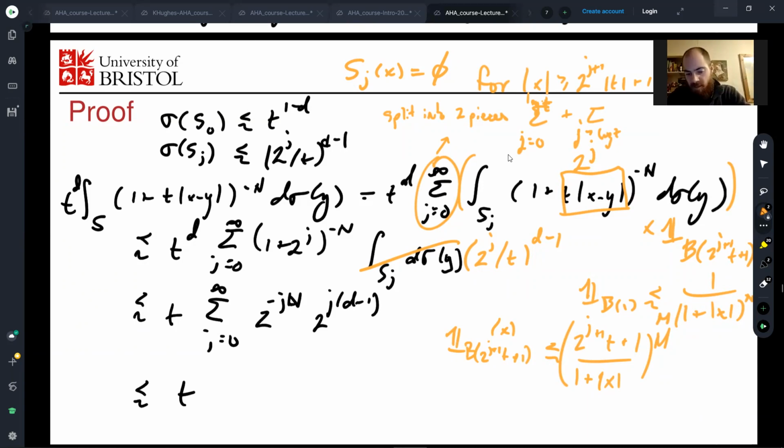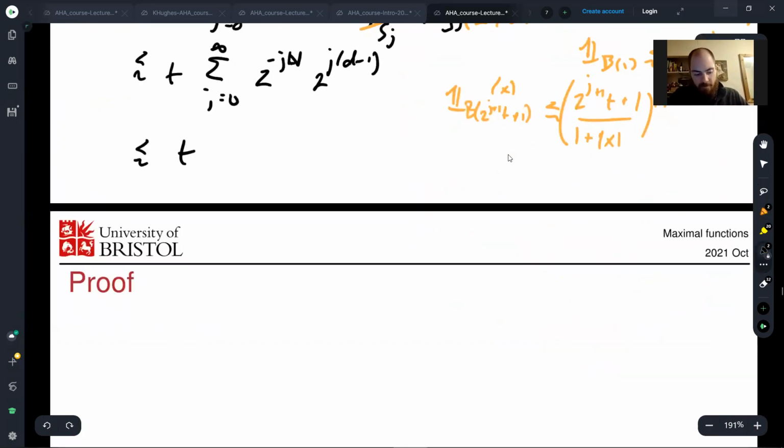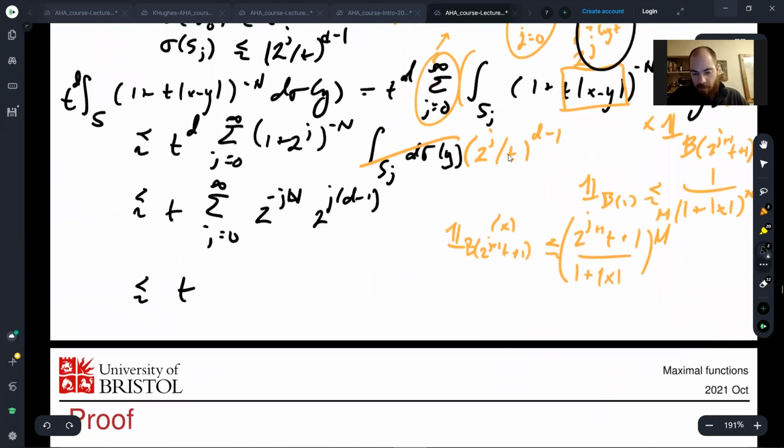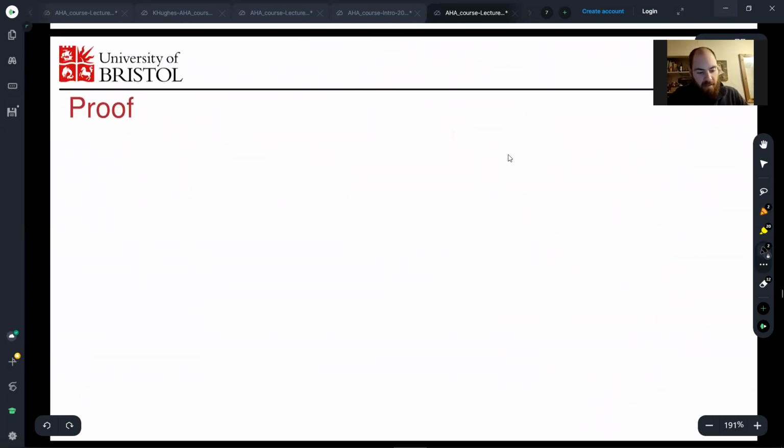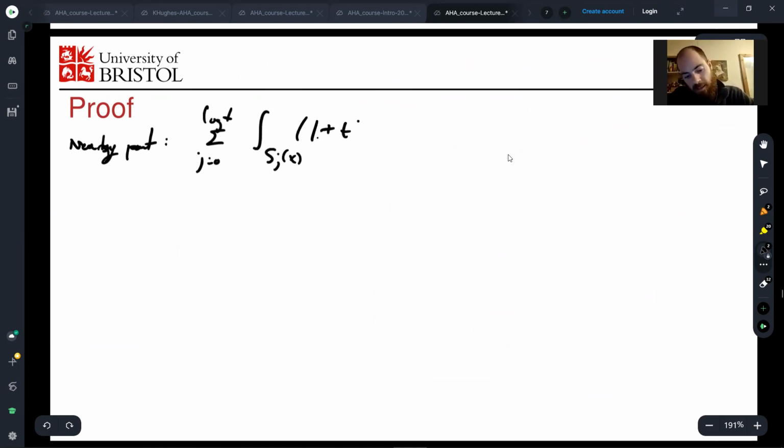I'm going to call this sum the nearby parts and this sum the distant parts. Okay, so let me write out what the nearby part would be. I'm looking at the sum over j equals 0 to log of t, the integral over S_j of x of (1 plus t|x minus y|) to the minus n d sigma of y.